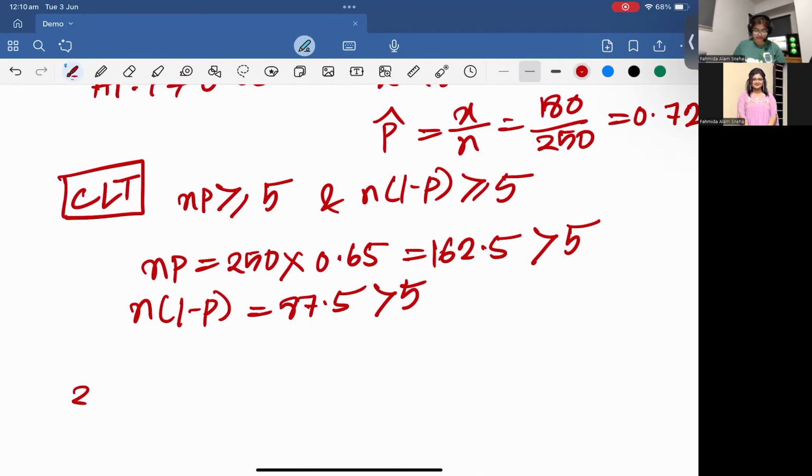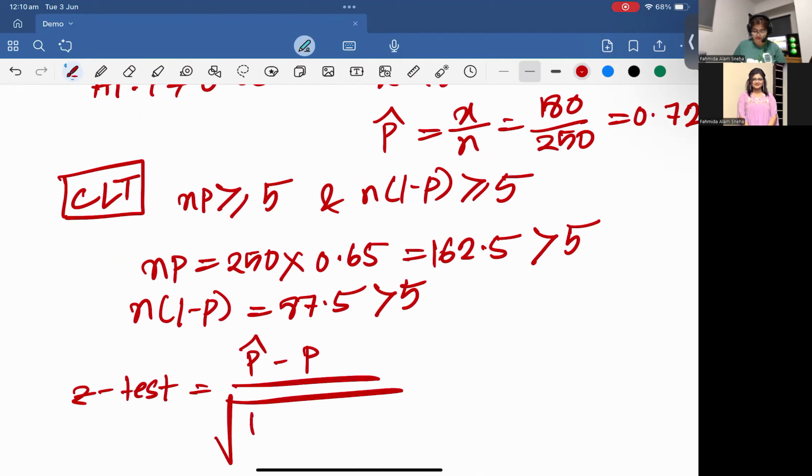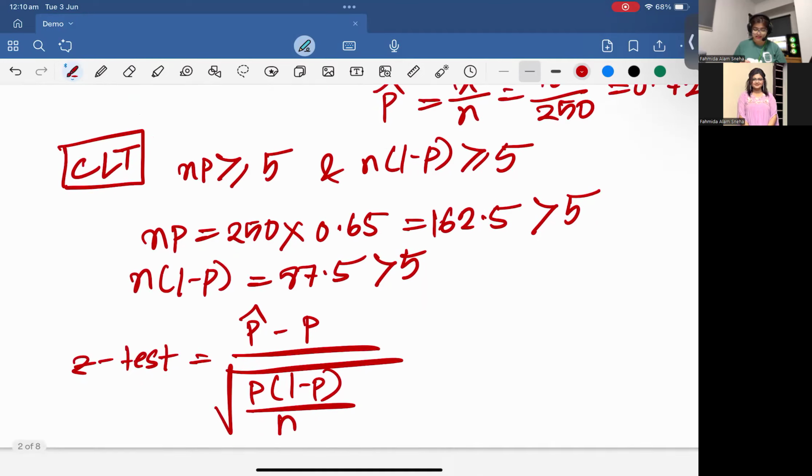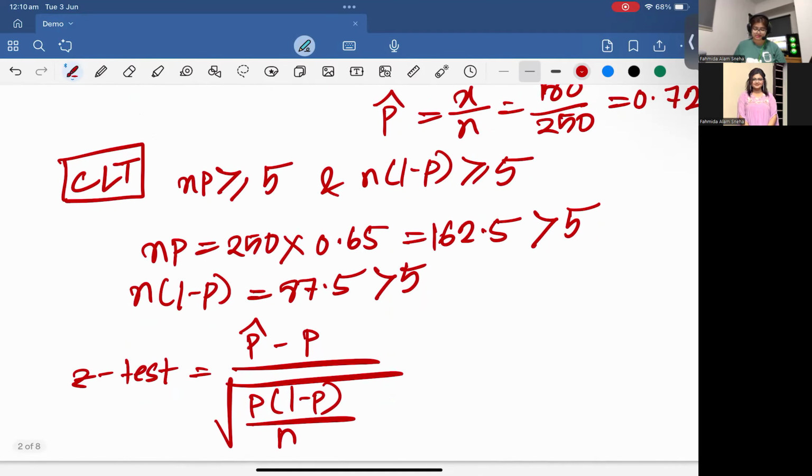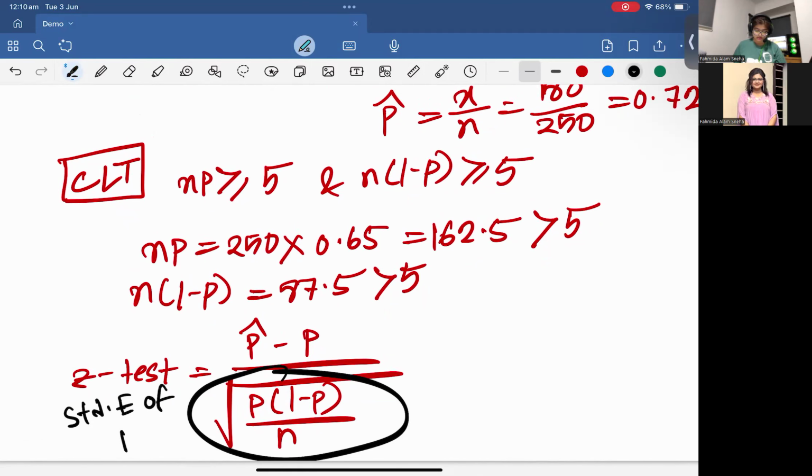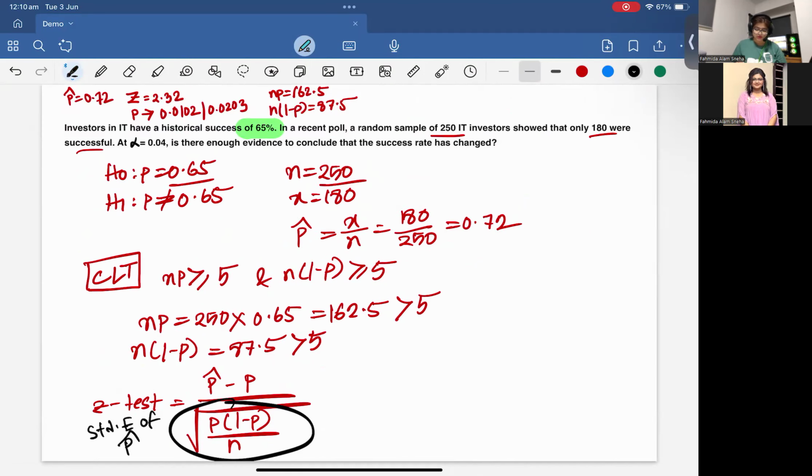So the z-test equals the sample proportion minus the population proportion, divided by the square root of p times 1 minus p divided by n. This denominator is the standard error of the sample proportion. Okay. Now, we already found all of these values here.